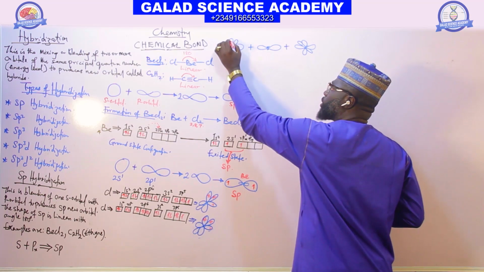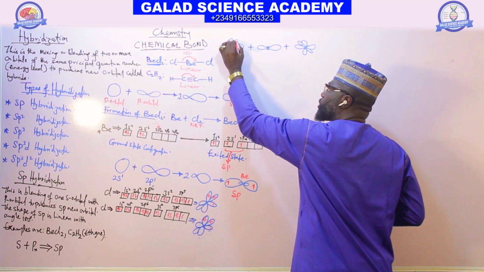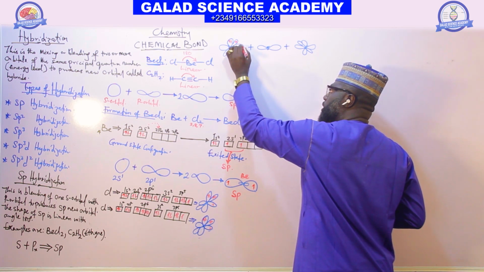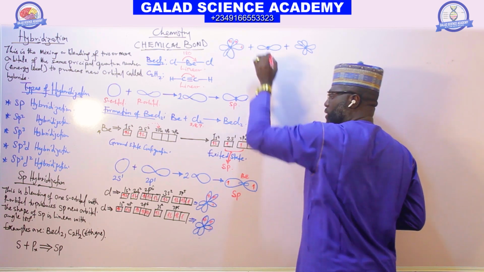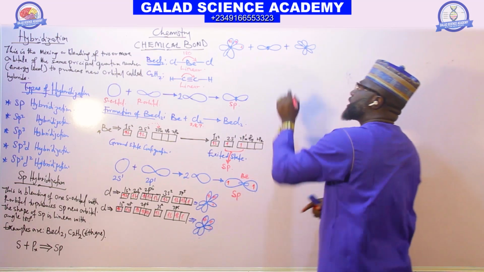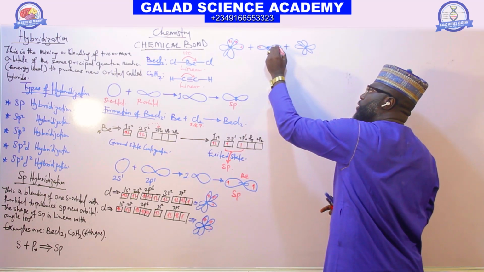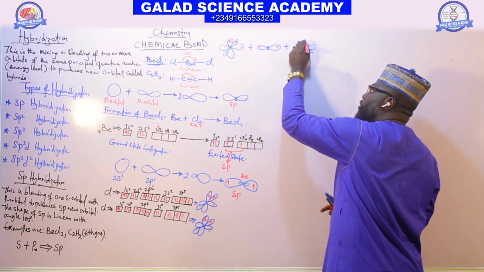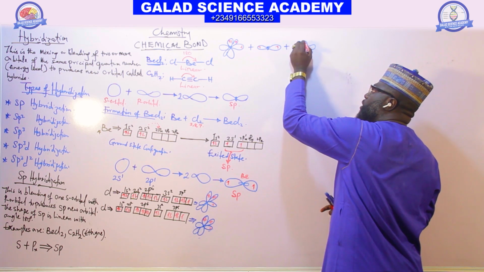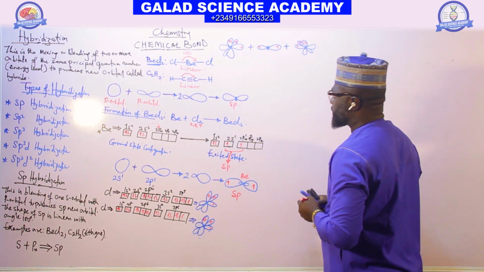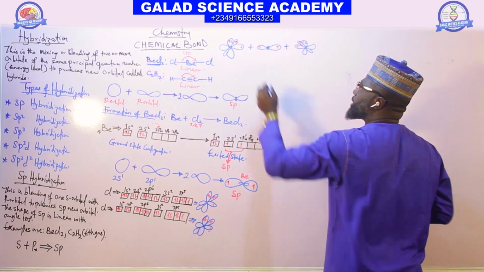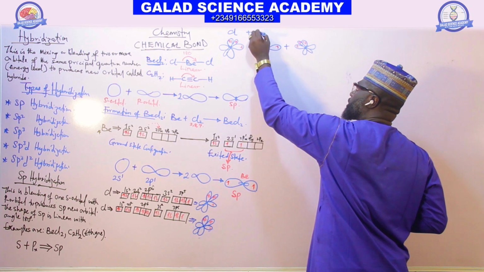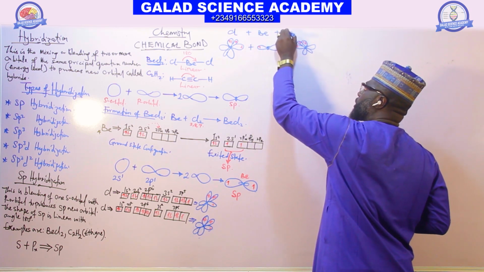Now let me put the electrons. 1, 2, 3, 4. Here is down. The electron we have inside this place is up. What you have here inside this place is down. 1, 2. We have 1, 2 here too. And this is chlorine plus beryllium plus another chlorine.